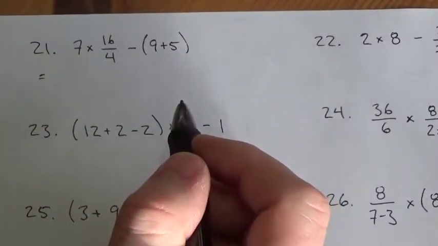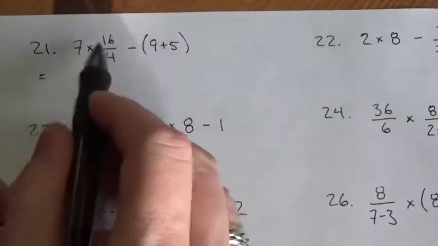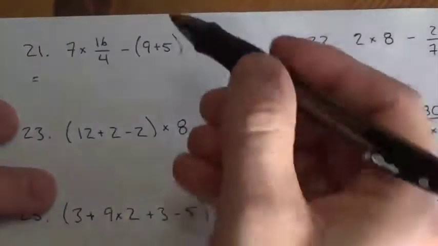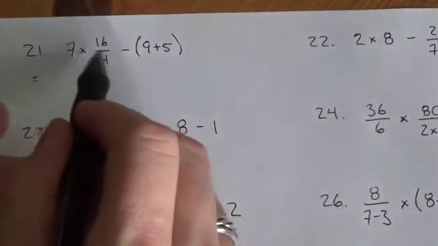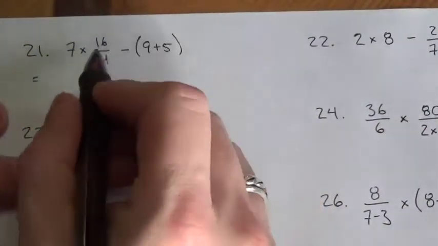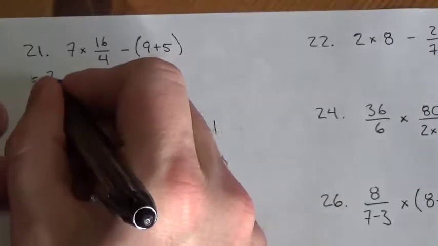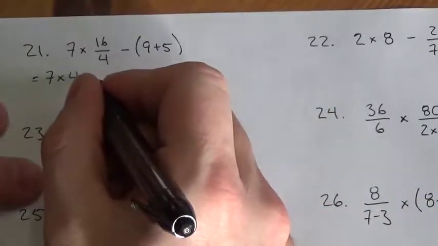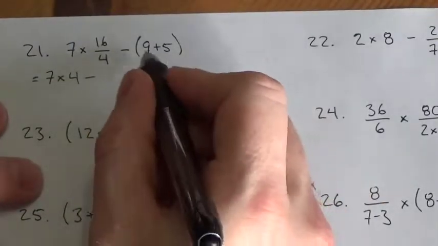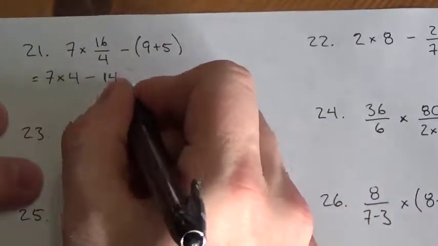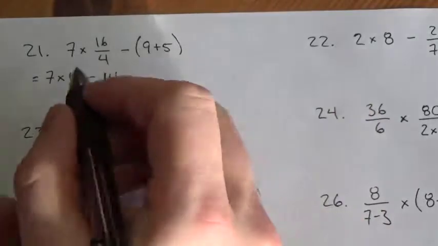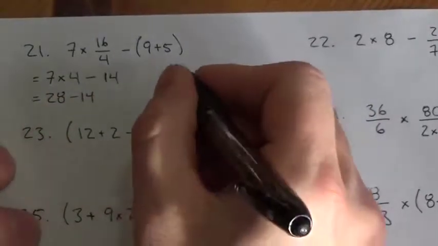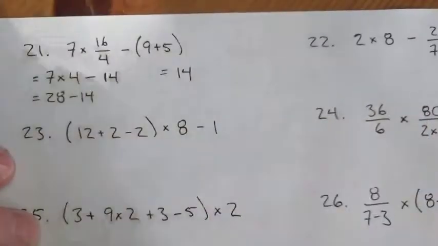I could do that, and when you multiply that out there, you get 112 over 4. But being kind of the lazy person that I am, I want to take advantage of the relationship between multiplication and division here. I'll do the division first. So this becomes 7 times 4 minus, and then I'll do what's in parentheses here. 9 plus 5 is 14. Okay? So 7 times 4 is 28, minus 14, and the answer is 14.